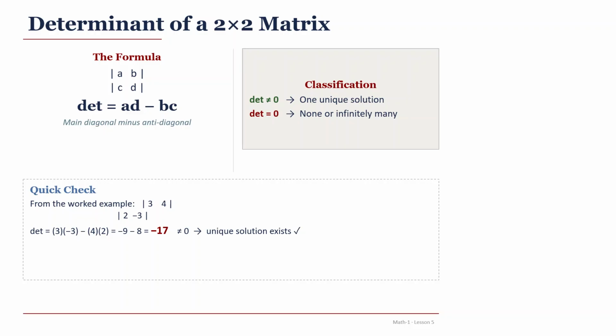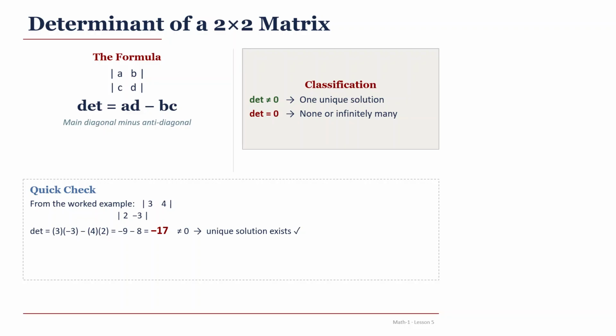A 2 by 2 system has a unique solution exactly when ad minus bc is not equal to 0. If ad minus bc equals 0, the two equations are linearly dependent, either parallel with no solution or identical with infinitely many solutions. The same three-way classification from the previous slide now read off as a number.